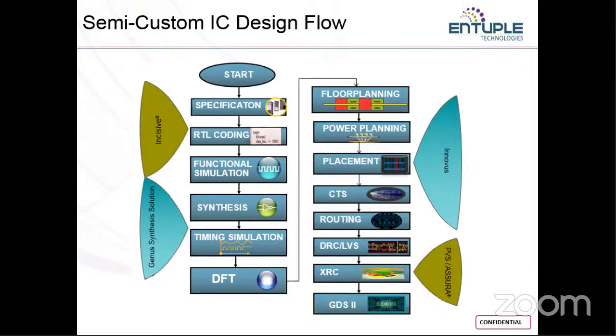What is the power consumption, what is the static power dissipated, what is the dynamic power dissipated, in which module, in which net. And then area: what is going to be the approximate area occupied by the design on the silicon wafer? These things can be checked after the synthesis stage.